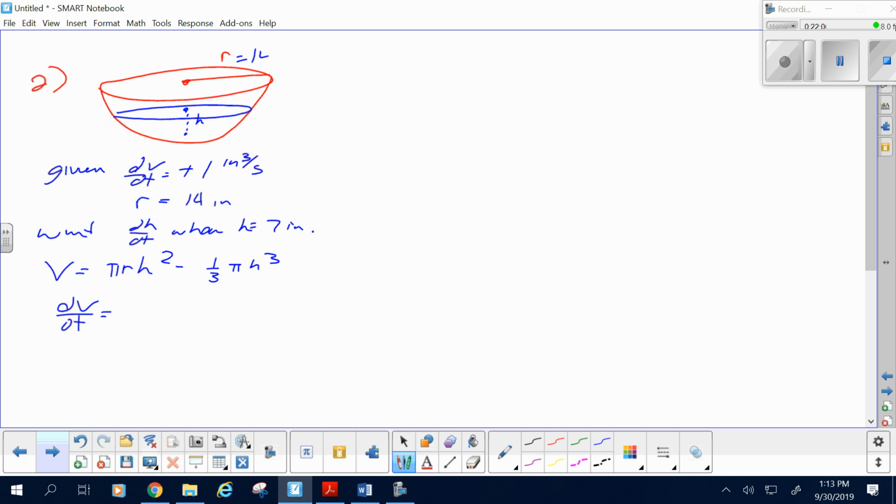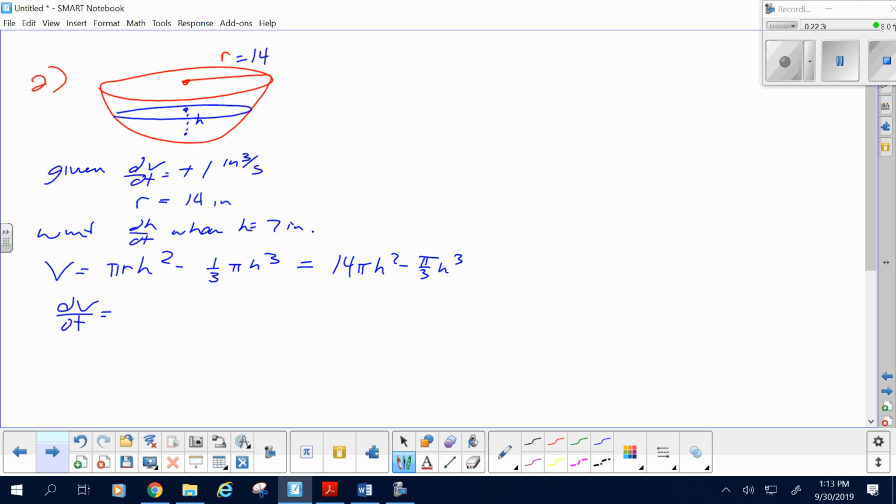R is always 14, always. Now that said, if you did all the calculus, you could still get there, but what's dR/dt later? It's 0 because it's still not changing. Much easier if you just right away say this is 14 pi h squared minus pi over 3 h cubed, and you put in the constant R.